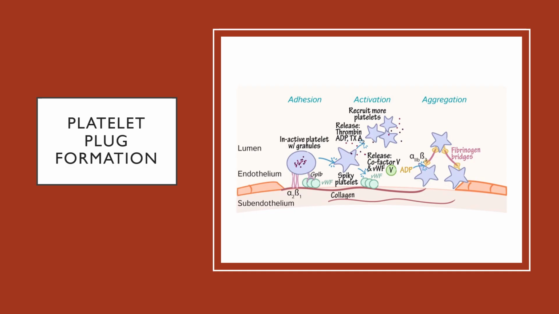And those granules are actually some of the agonists that recruit new platelets. Then they start to stick together. And then we've got these fibrinogen bridges that form, and here are some more platelets. Do you see the little yellow platelet receptors that have that fibrinogen coming across? And then we'll get fibrin, and we will have that factor 13 coming in to make our stable clot.